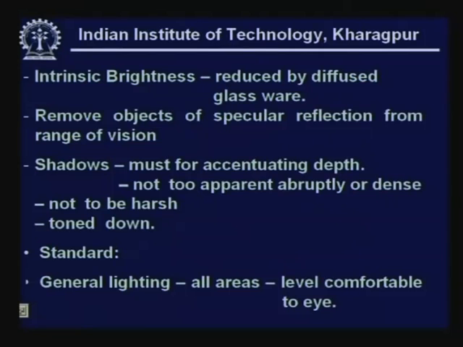Therefore, a standard lighting in an interior domain would consist of 2 schemes. One, a general lighting for the entire arena which is comfortable to the eye and enables free movement of the people around, and a local lighting depending on the task specific.